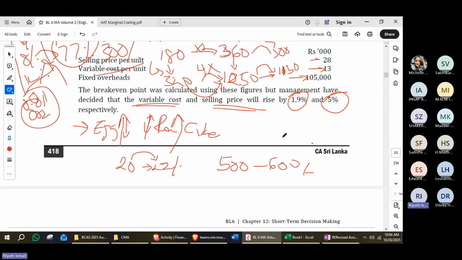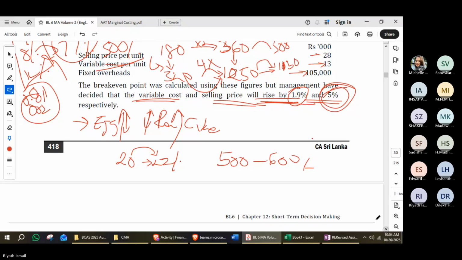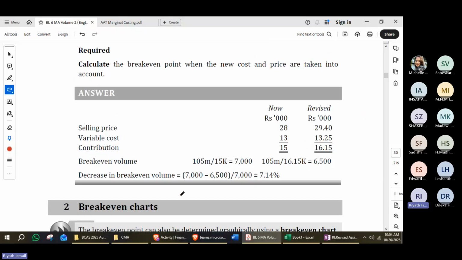You see here, 1.9. The material price rises 1.9%, and due to that, they can increase the selling price by 5%. Calculate the break-even point when the new cost and price are taken. Earlier the selling price was 28, now it's increased by 5%, so therefore 29.4.